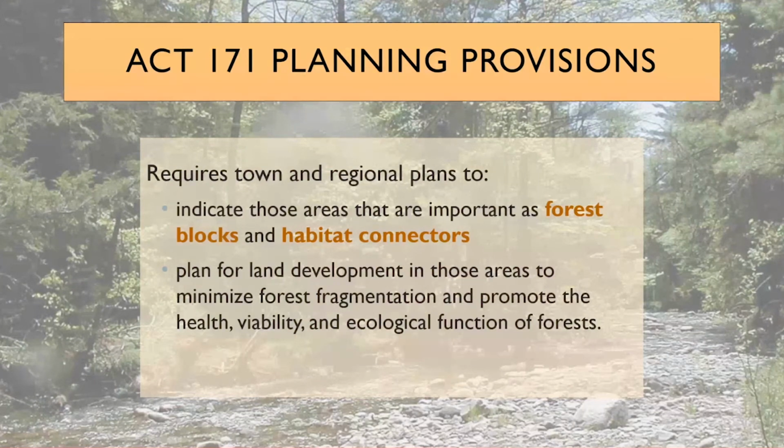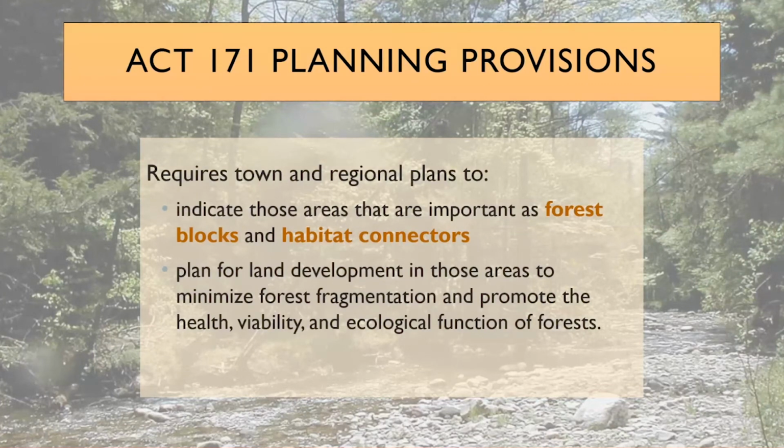For us, that word indicate really means map them and include in your town plan or regional map which blocks you want to maintain for forest blocks and connectors. And you need to plan for land development in those areas to minimize forest fragmentation and promote the health, viability, and ecological function of those forests.